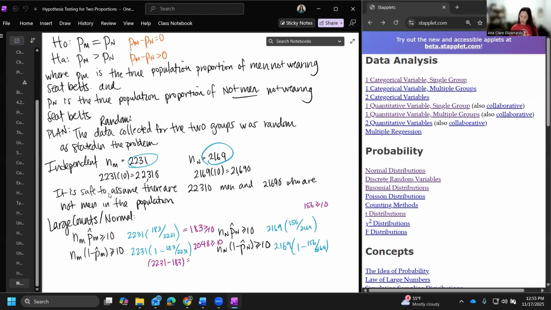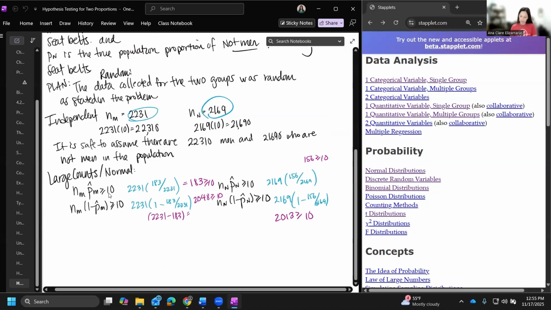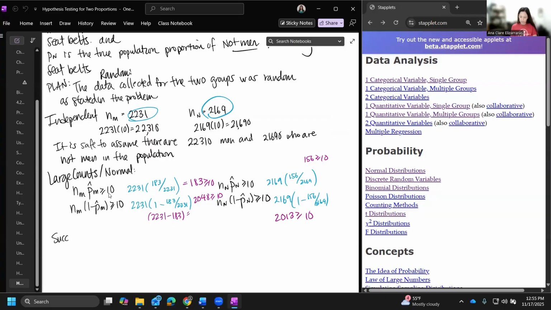And then for the 2169, if we take away 156, we have 2,013 failures. So successes and failures for both groups were at least 10 and were safe to proceed. Conditions have been met.